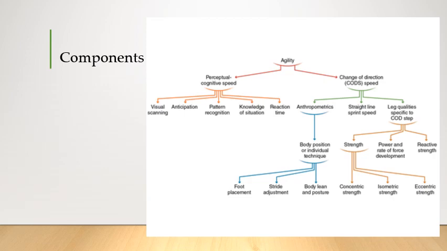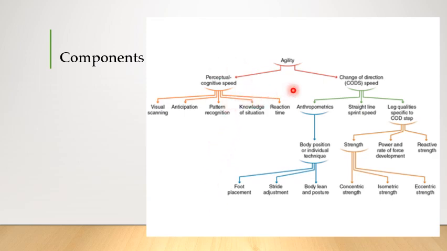You can see, so you look at perceptual cognitive speed. So this looks at all the different things: visual scanning, anticipation, pattern recognition, knowledge. So you should be able to look at these different qualities as this flow chart goes down and be able to categorize where these things fall. So definitely take some time to look at this and understand it.